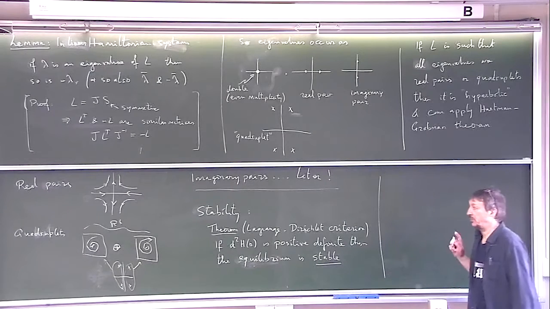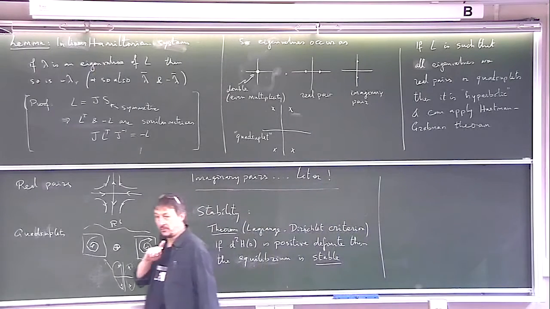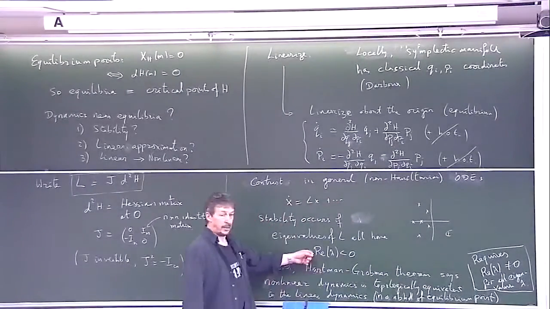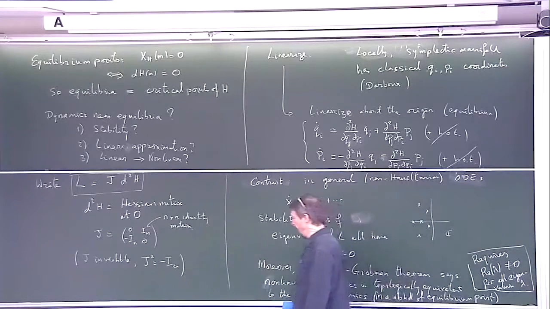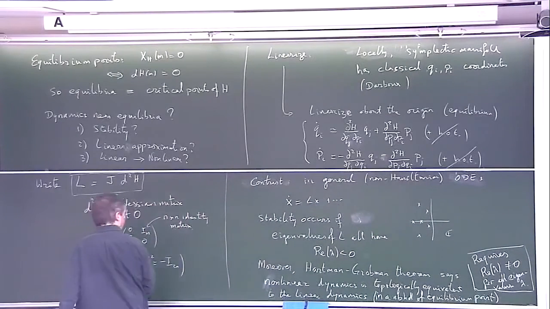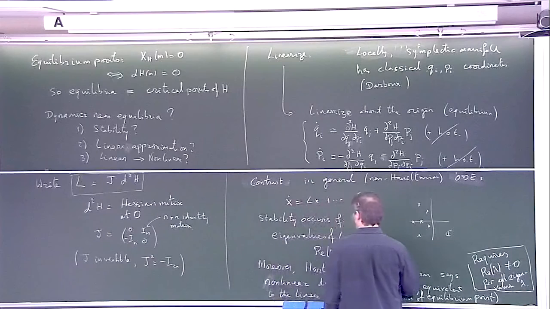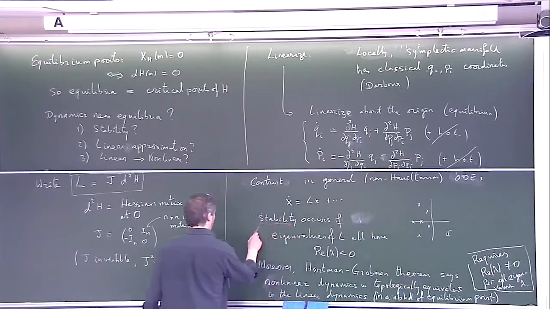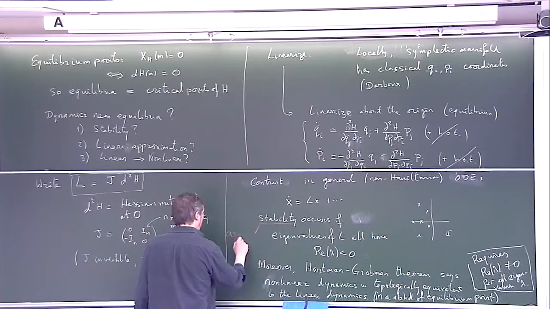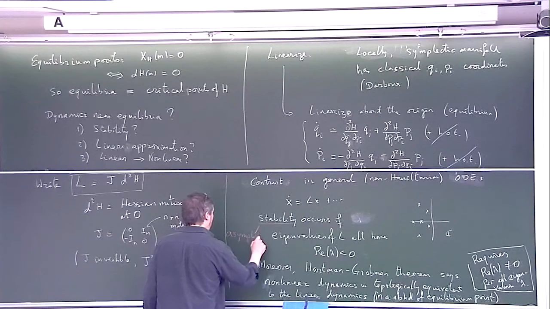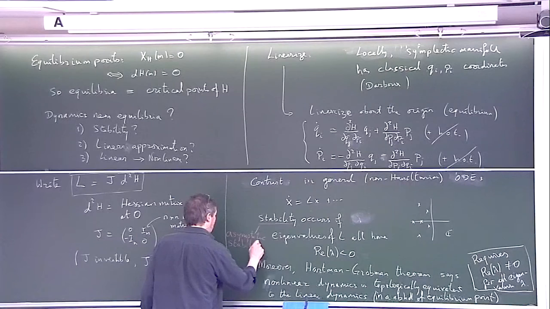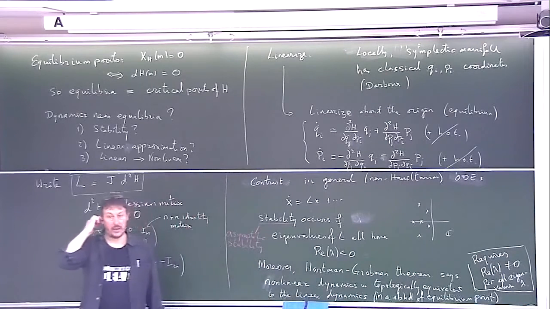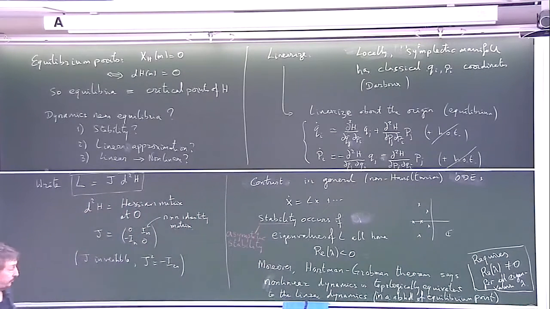So there's a difference between the stability here, I haven't defined what stability means, and stability in this case. So this one is called asymptotic stability, and that can never happen for Hamiltonian systems.